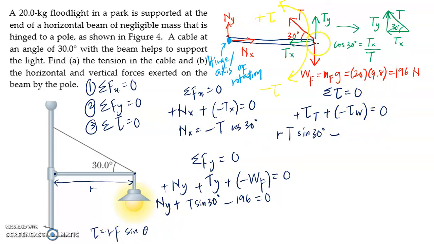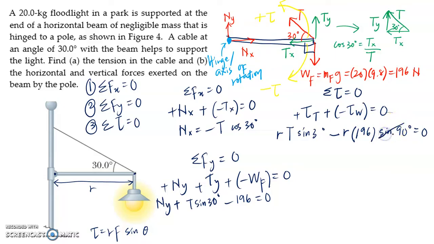Because the weight is at the other end of the beam, the full length of the beam is used, but because the length of the beam is not provided, we're going to be using r again. Then the weight we substitute with the calculated value 196, and then sine 90 degrees, because the weight is directed downward. So it will be creating an angle of 90 degrees with the moment arm. Sine 90 degrees is going to be equal to 1.